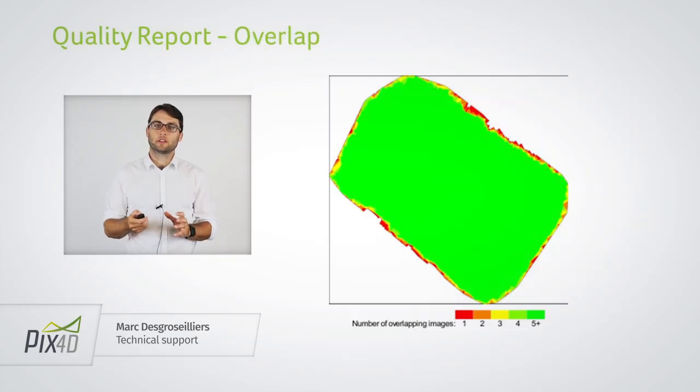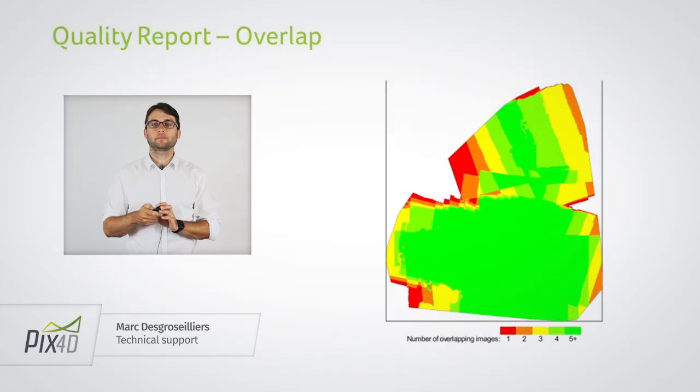There's another graphic which will help you estimate the overlap. As you can see here, you have your whole project, and then for each region, if at least 5 images can see this region, then it will be colored green. And nicely homogeneous green is what you're looking for in your project.